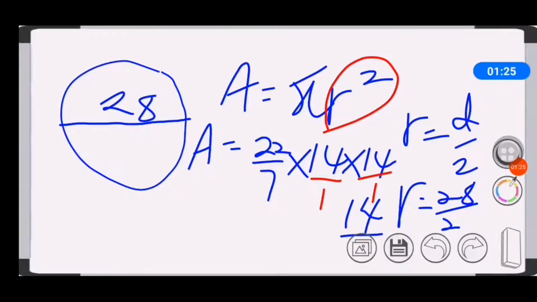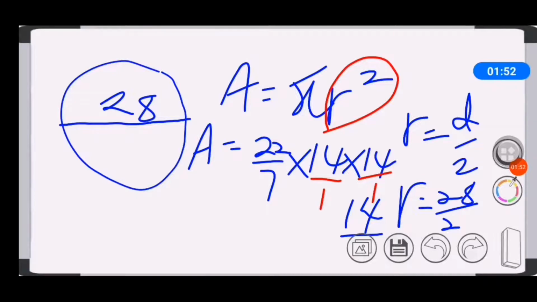The next step is how you can handle your multiplications and divisions. You may choose to multiply all the numerators and divide by all the denominators, or you can go by the method of cancellations. Whichever way, I believe you will get your answer. Okay, so if you are multiplying the numerators, you're going to have 22 times 14 times 14.